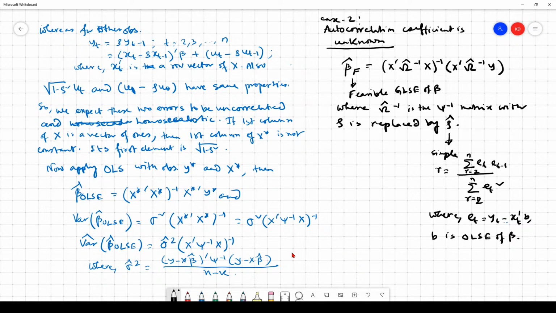So sometime instead of r, you can use two different modifications. One modification, you can use r star equal to n minus k by n minus 1 r.